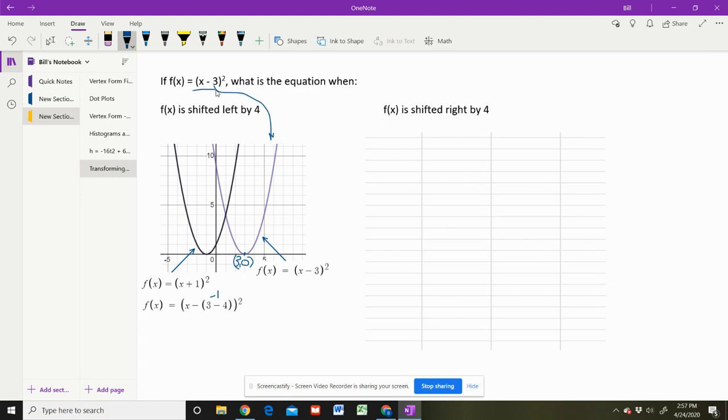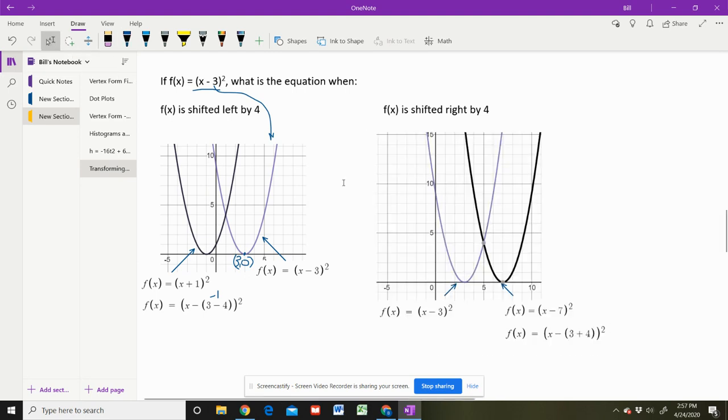So we're taking this original equation again, f of x is equal to x minus 3 squared, and we're going to shift right by 4. So I want you to write down what you think the equation would be, or do it on Edpuzzle. All right, so again, here's the purple, my original equation. F of x is equal to x minus 3 squared.